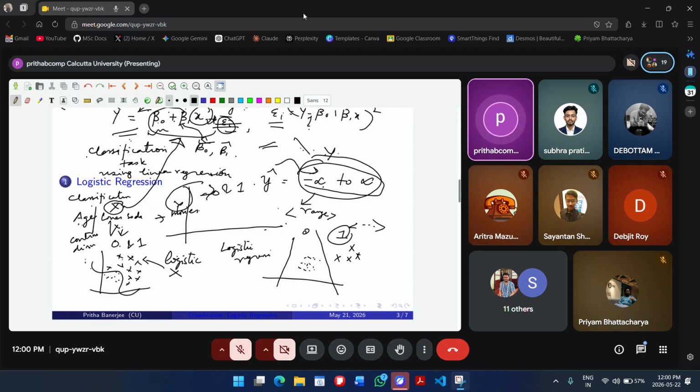But for data separable by a line, logistic regression will be very good.